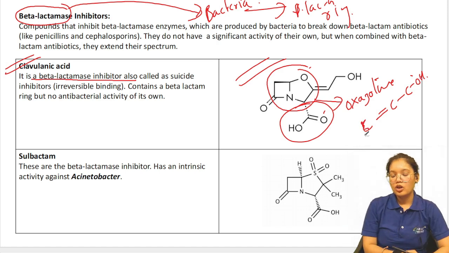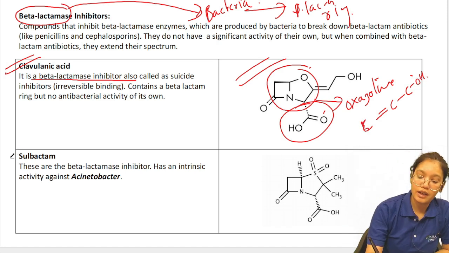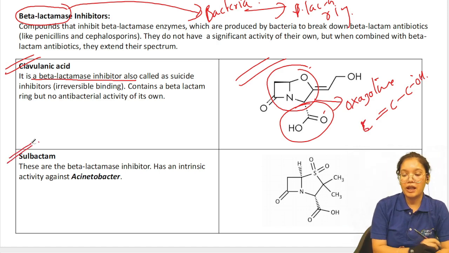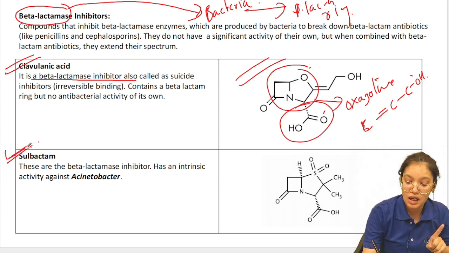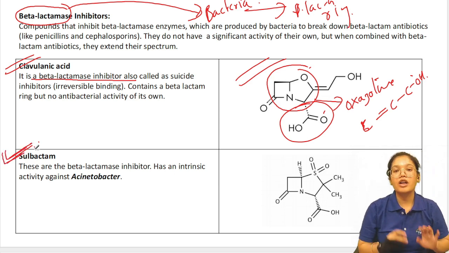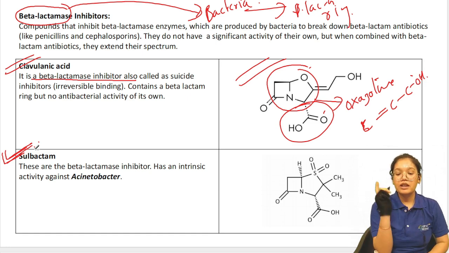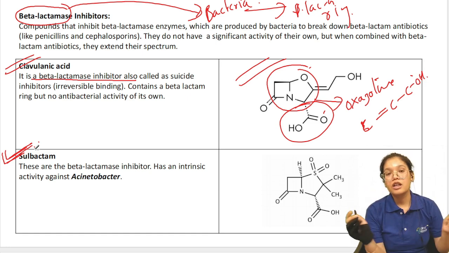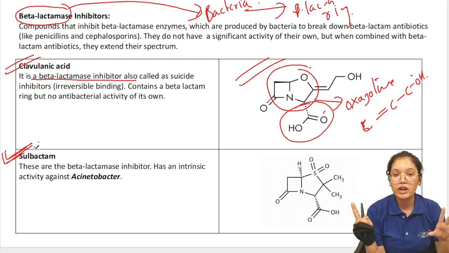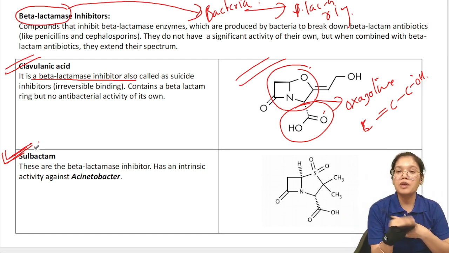Okay, now moving forward towards the next drug, that is sulbactam. Now you have to remember, sulbactam also has a unique property. As we discussed, beta-lactamase inhibitors do not have activity by themselves.